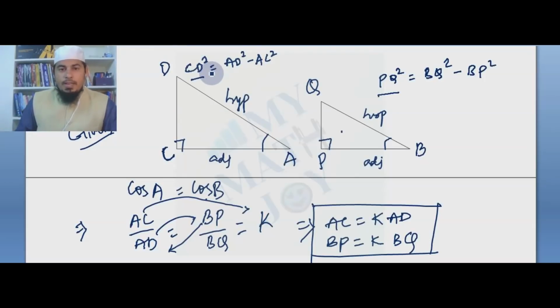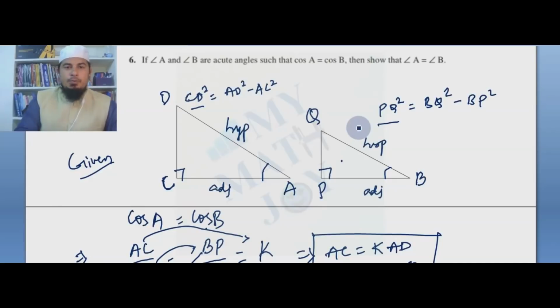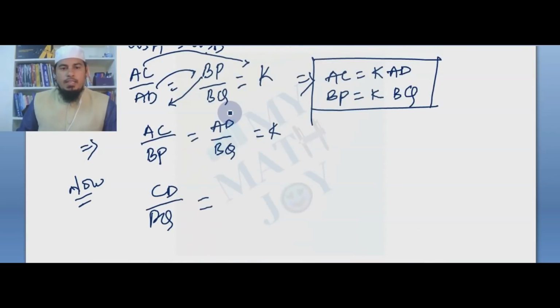Okay, why have I done this? Because I want CD on the left hand side and BP, BQ, PQ to be on the left hand side. In that way Pythagoras theorem has been taken. So if I transpose the squares also, then I get CD under root. So those values I'm writing here now.